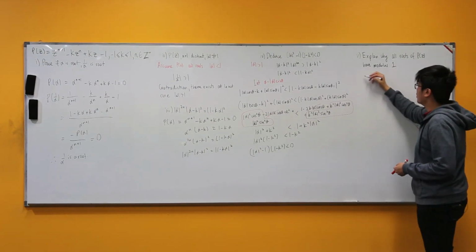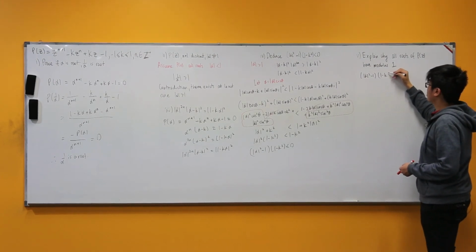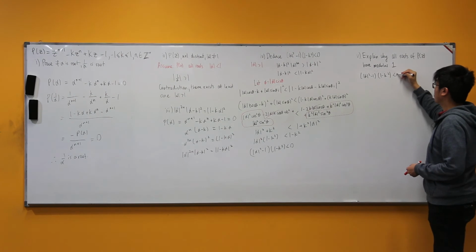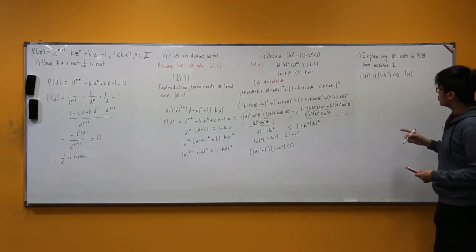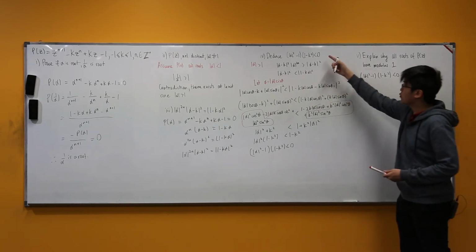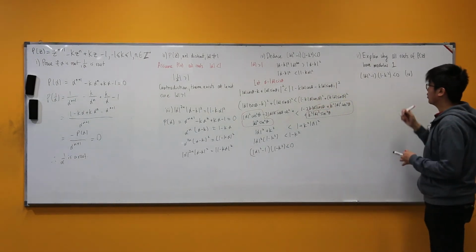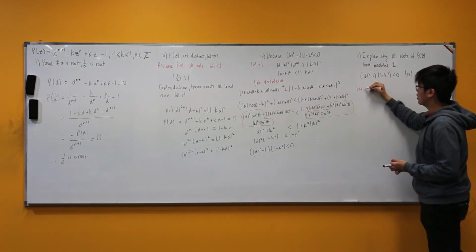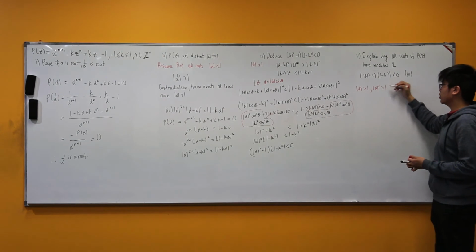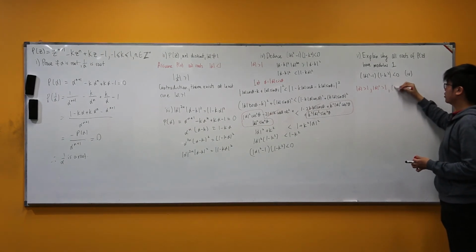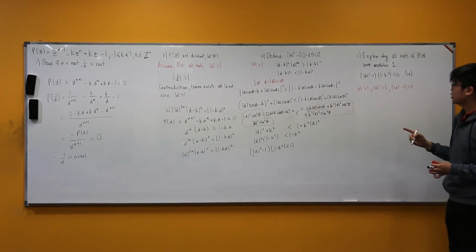So I'll just write it again up here. So this is from part 4. But we also know for this part, we assume that modulus of alpha is greater than 1. So if modulus of alpha is greater than 1, alpha squared is still greater than 1, and therefore alpha squared minus 1 is greater than 0.